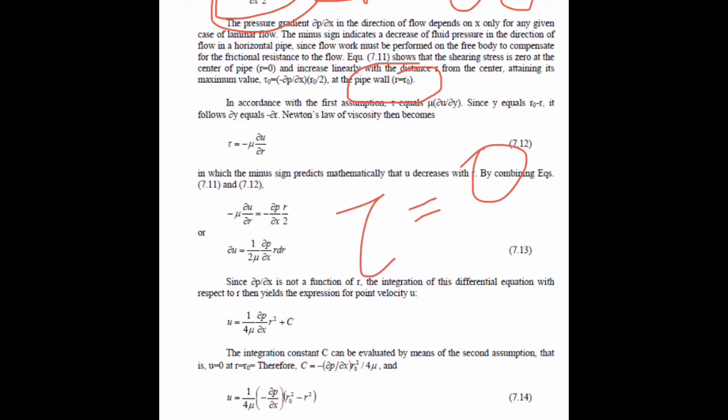So u dA will be 1 by 4 mu minus del p by del x, r naught square minus r square, into 2 pi r dr. If you integrate this equation from 0 to r naught, we will get q equal to pi by 8 mu minus del p by del x r naught to the fourth. The average velocity v is q by A. So v will be q divided by pi r naught square, equal to 1 by 8 mu minus del p by del x r naught square.